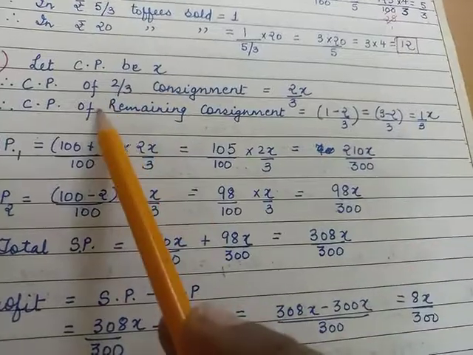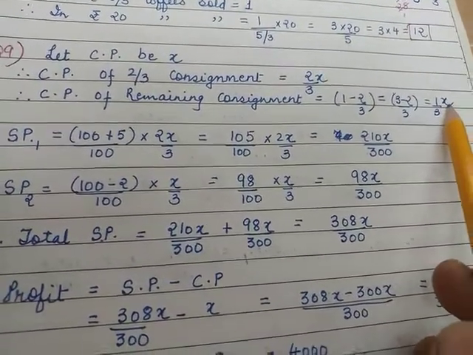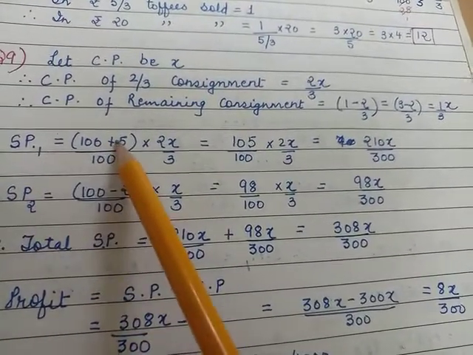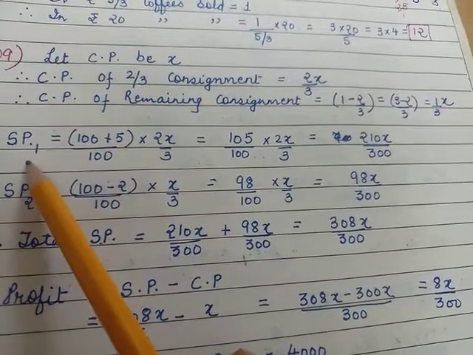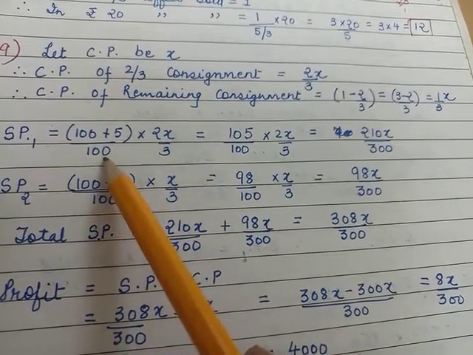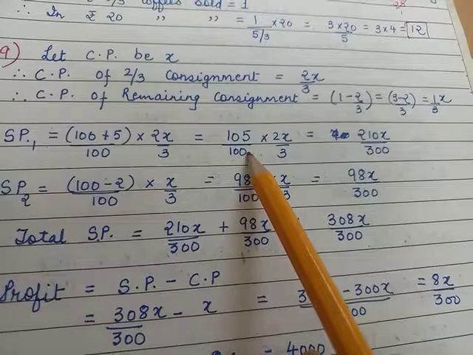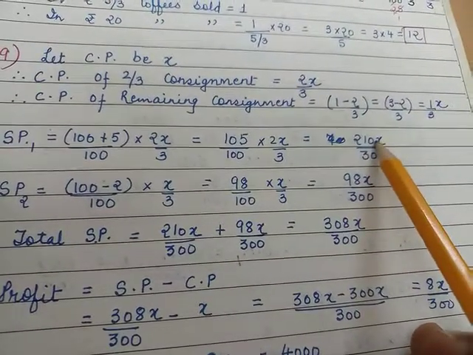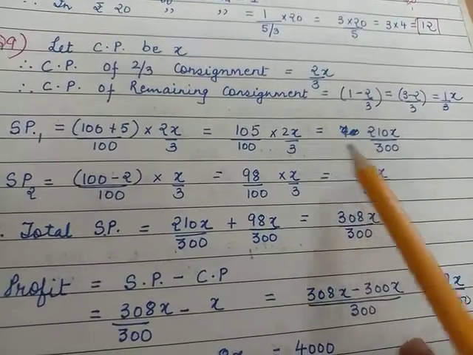So the cost price of the remaining consignment will become 1 by 3 x. Now the first consignment he is selling at a profit of 5%. So we calculate the selling price in the form of x using the formula. That becomes 105 by 100 into 2x by 3. That becomes 210x upon 300.